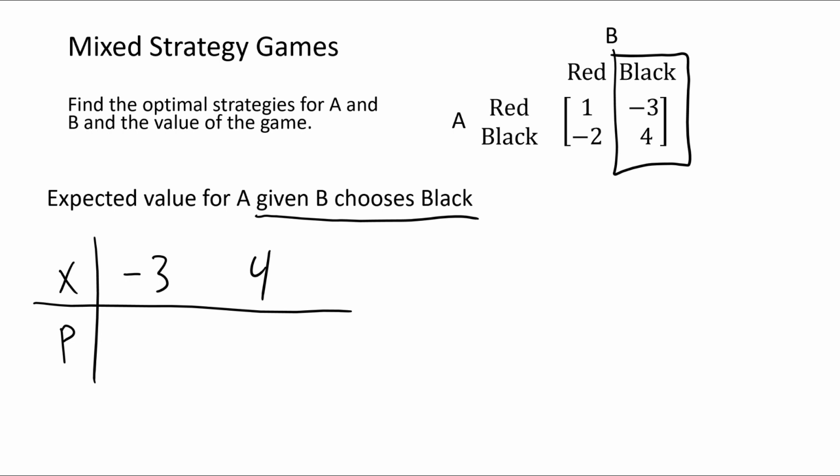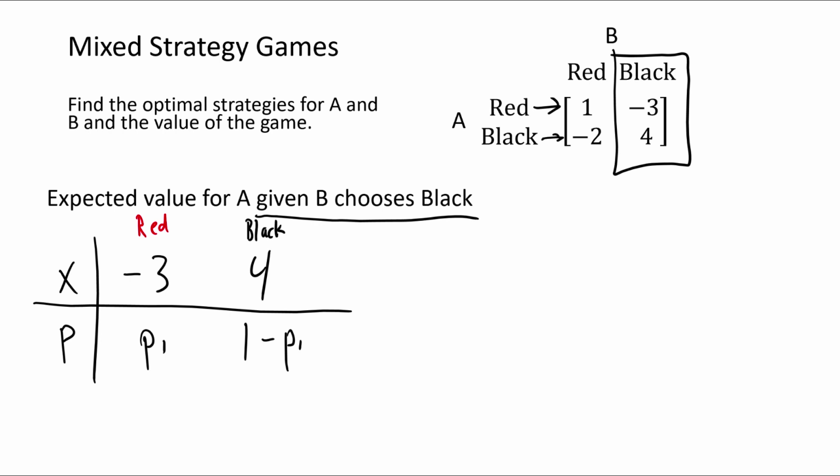All right, now the -3, that's what the value is if A chooses a red card. Well, earlier we said the probability that A chooses a red card is P1. And then we said the probability that A chooses a black card, that's the 4, that's 1 minus P1. So those stay the same. So again, -3 is if player A chooses a red card. 4 is if A chooses a black card.